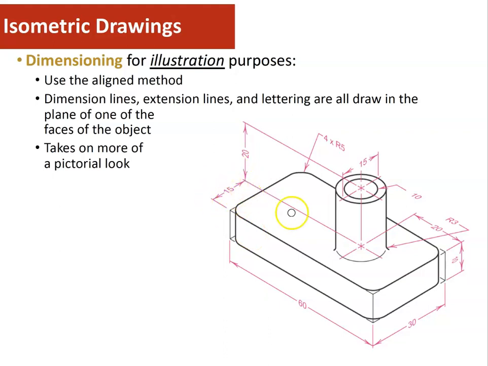So this 15 describes this guy over here, the 20 describes this guy over here, and this 20 describes this plane, and this 60 describes this plane. So they need to be parallel to the plane that they are describing. Dimension lines, extension lines, and lettering are all drawn in the plane of one of the faces of the object.